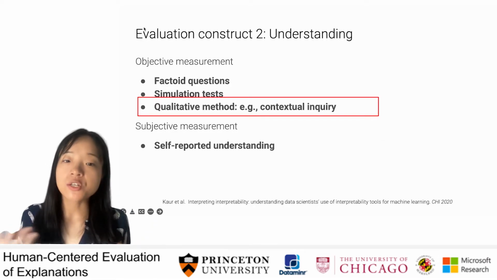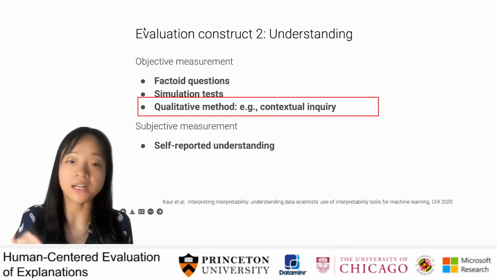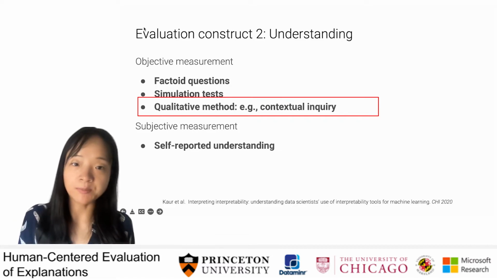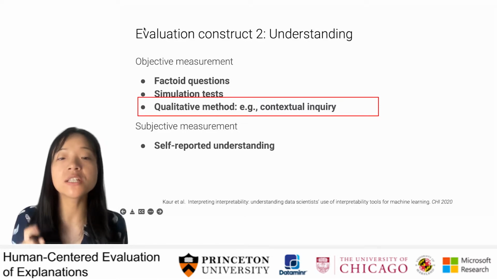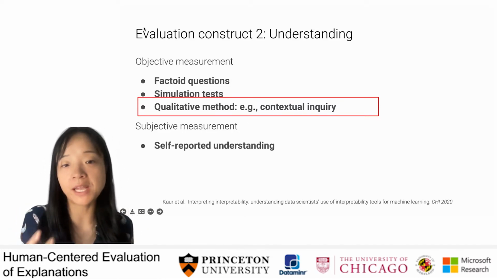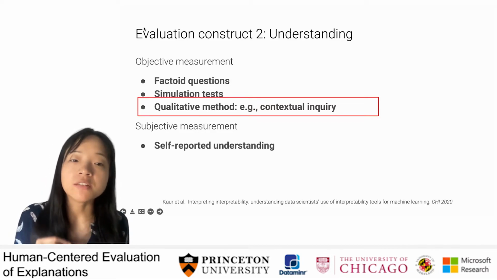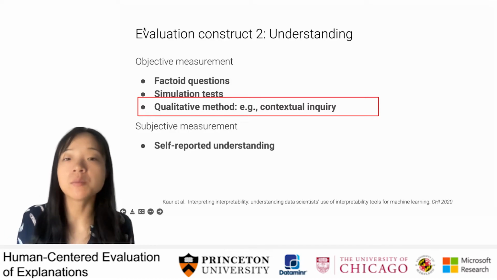Model understanding measurement can be similar to what we use for the first use case, including factoid question, after-task simulation task, and subjective understanding. I want to mention another useful type of measurement that was adopted by the Cao et al. paper, that is by qualitative methods, based on how people describe how they think the model works.